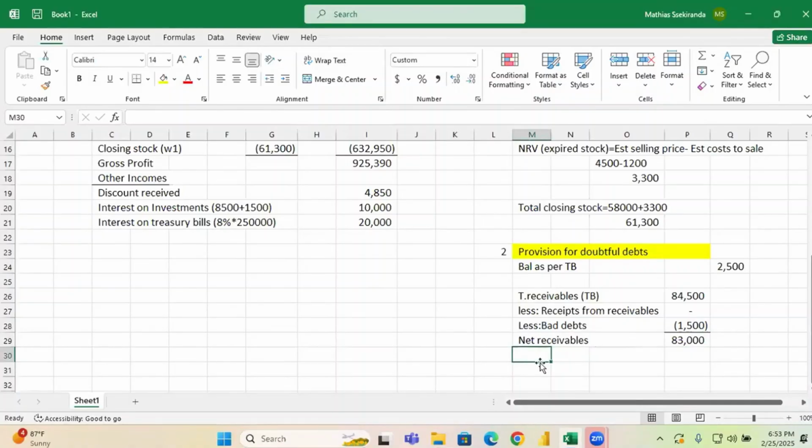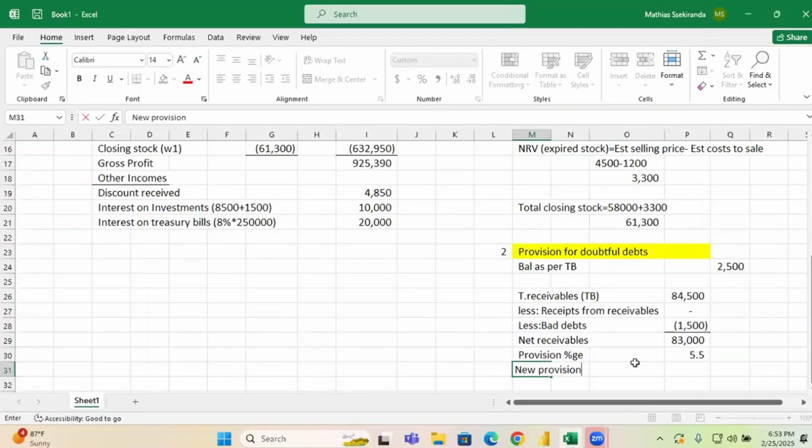Now you come here and say provision percentage. The provision percentage is 5.5. They told us the new provision is 5.5%. So you set new provision.